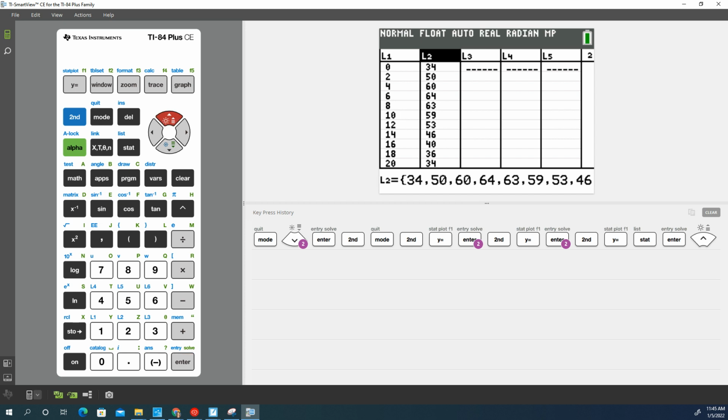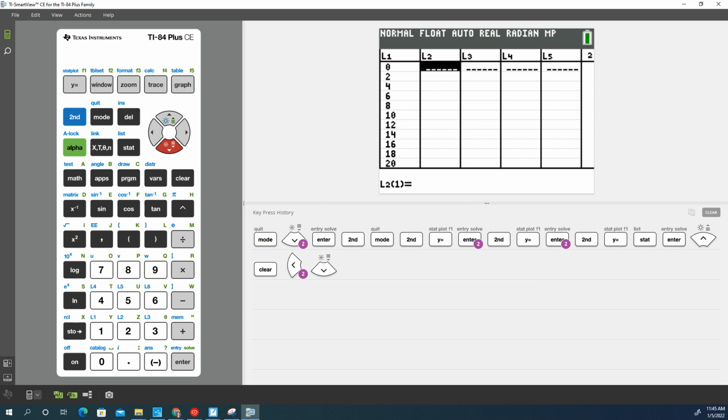Oh, thank God. If you have values in here, hit the up arrow until you highlight it and just hit clear and it should clear it out. Like that. So if I want to clear this list, I hit the up arrow, hit clear, and then just page back down. It should clear it all out. Yes.